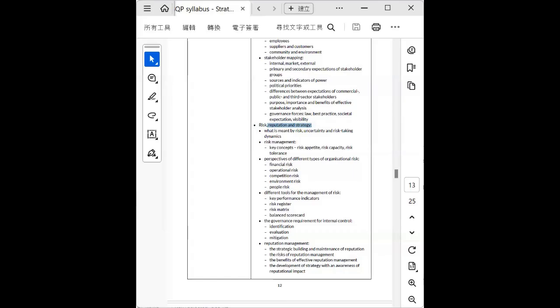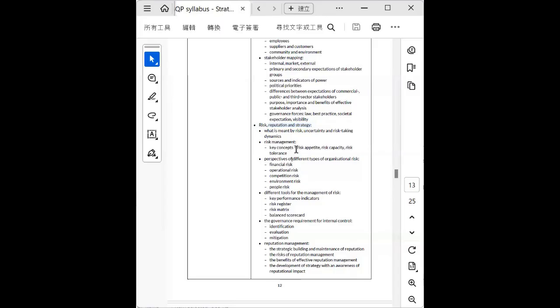What is meant by risk? What is meant by uncertainty? What are the implications of risk and uncertainty in the decision-making process? Risk management introduces key concepts like risk appetite, risk capacity, and risk tolerance.